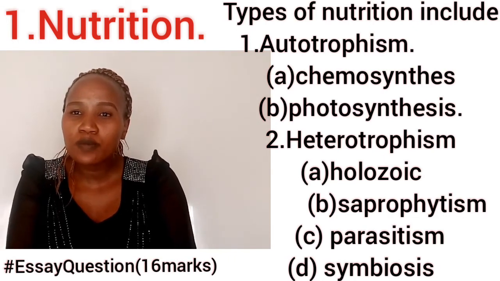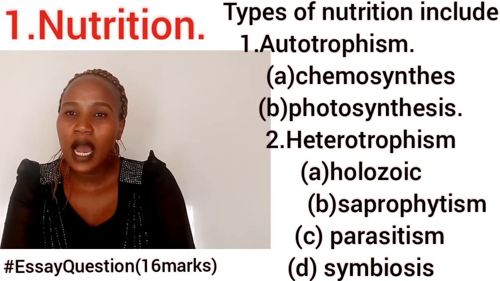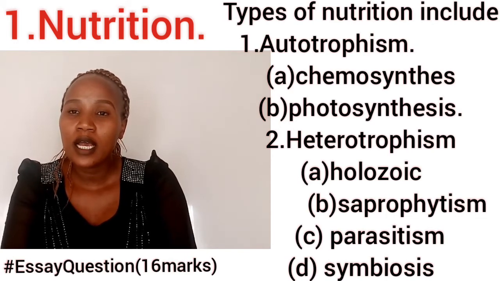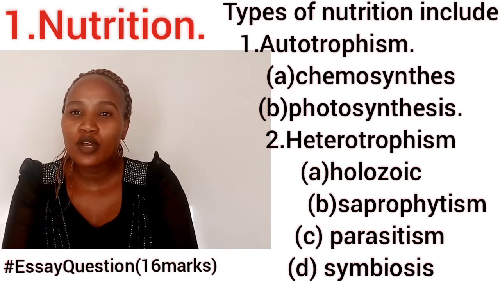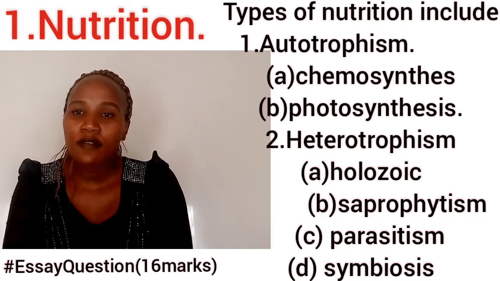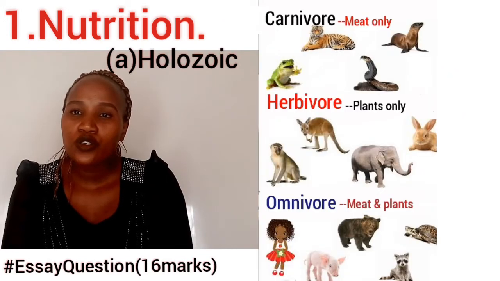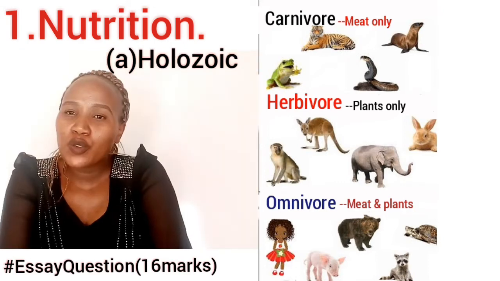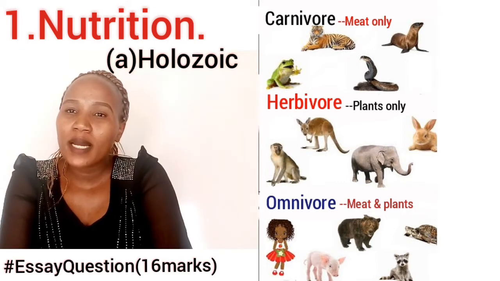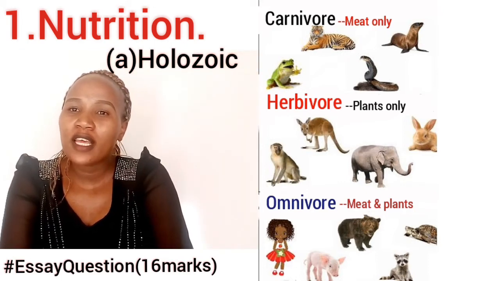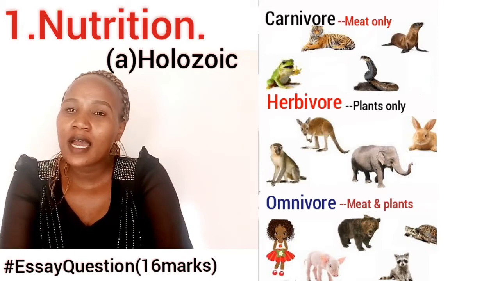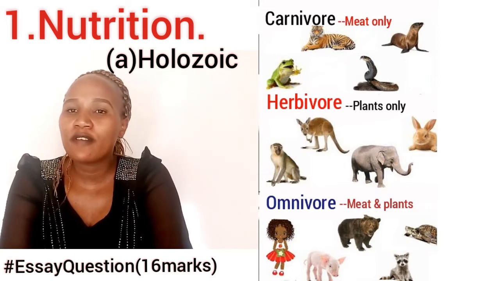So these groups of organisms, depending on how they acquire their food, I am going to categorize into 4 groups. The first group acquires their food by the process known as holozoic nutrition. This group of organisms comprises the carnivorous, the herbivorous, and the omnivorous.